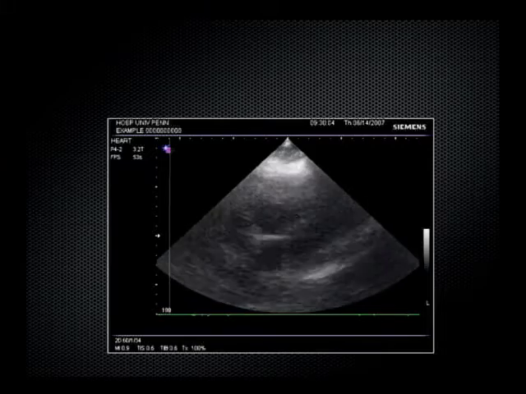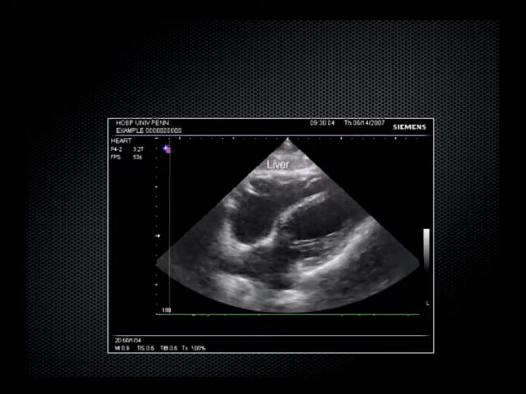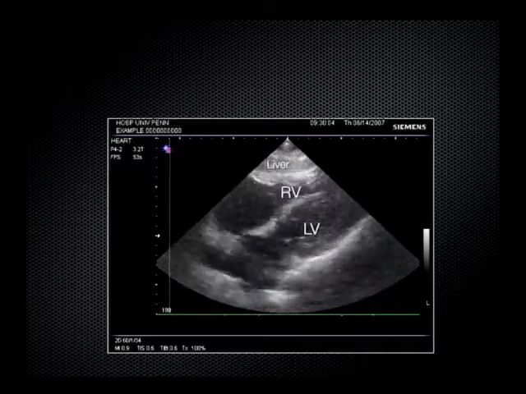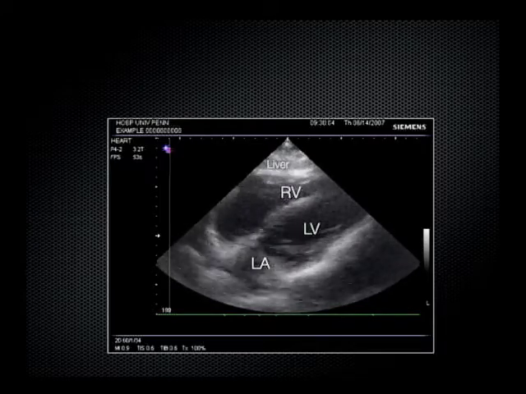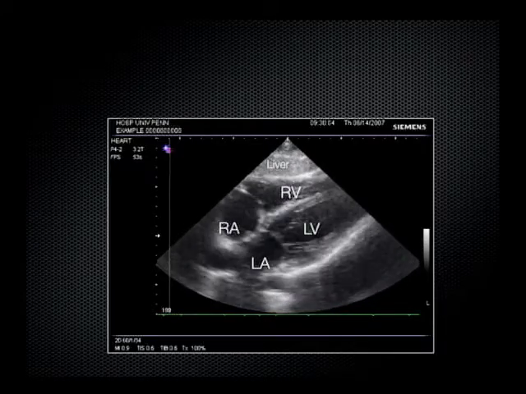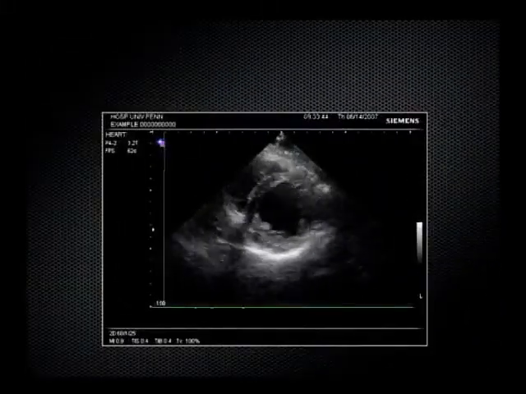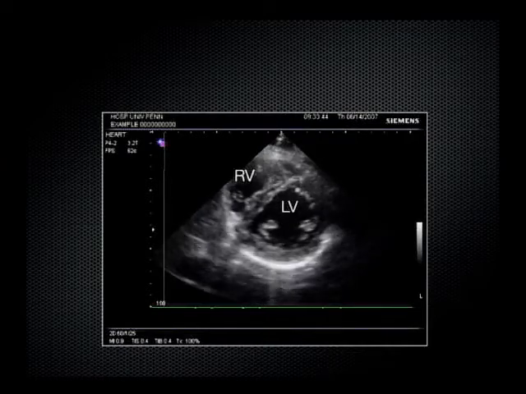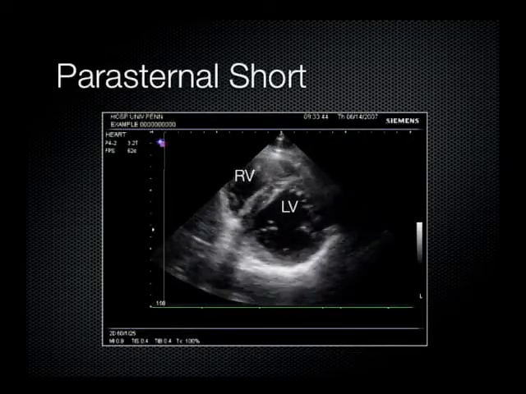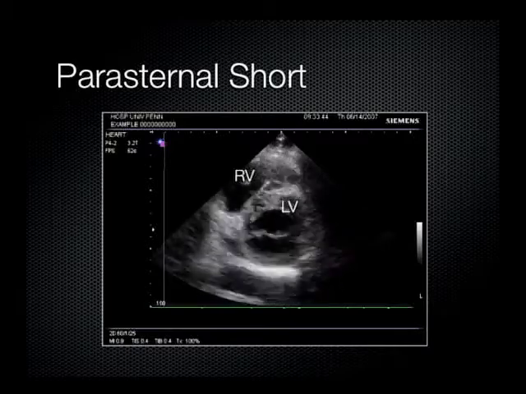So for a review, here's a liver, the left ventricle, left atrium, right atrium, and this is the subcostal or the subxiphoid view. Here's the left ventricle and the right ventricle, and this is the parasternal short axis.